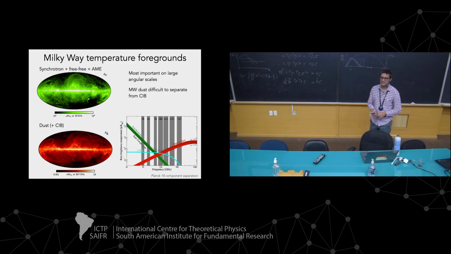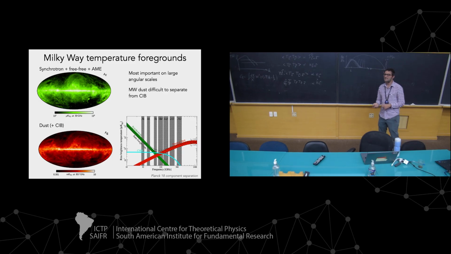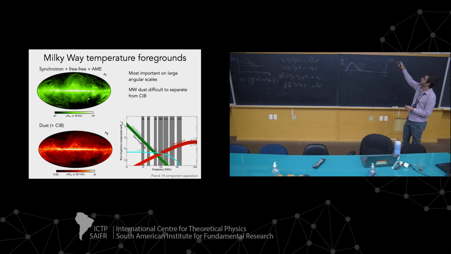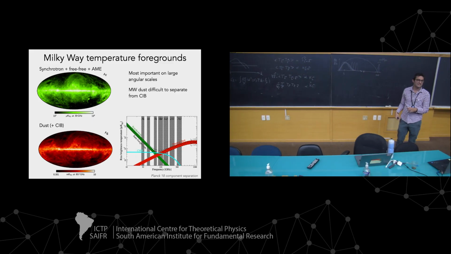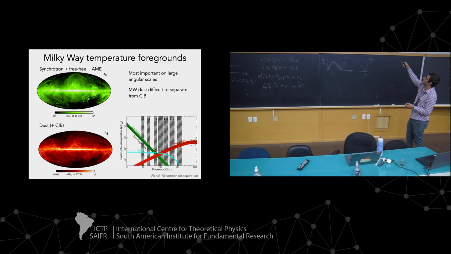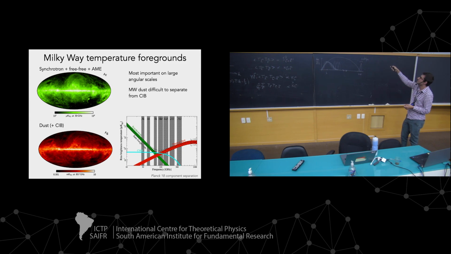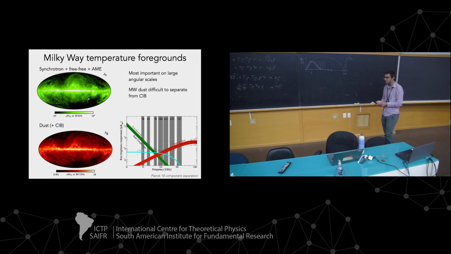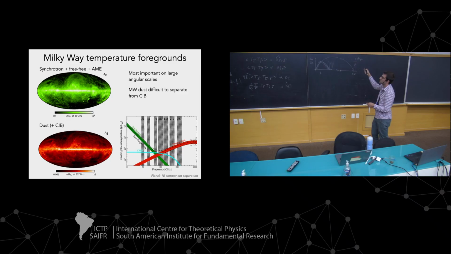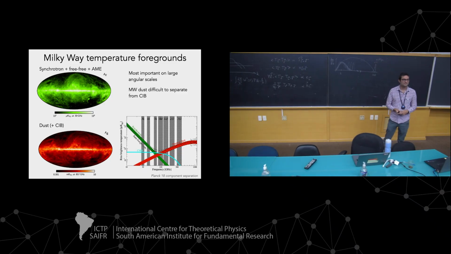So that's one approach, masking. Another one is to use the fact that you have observed the sky at different frequencies intentionally, because at high frequencies you get to learn about the dust, at low frequencies you learn about the radio foregrounds, and at intermediate frequencies you also learn about TSZ, for example.